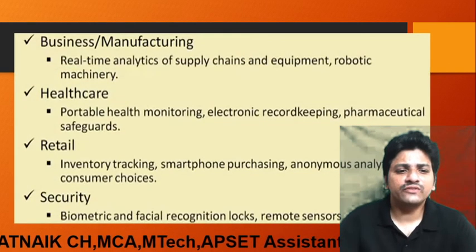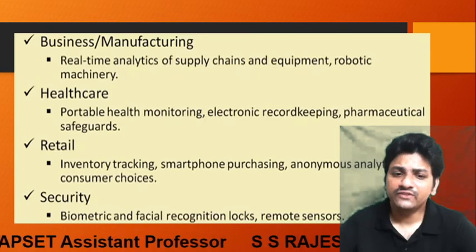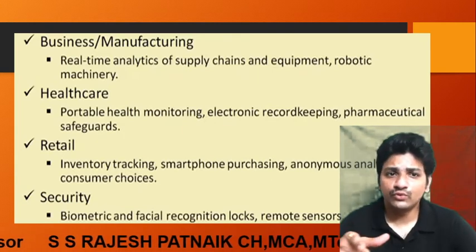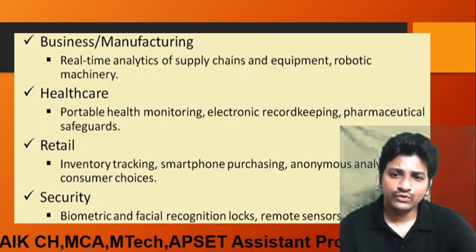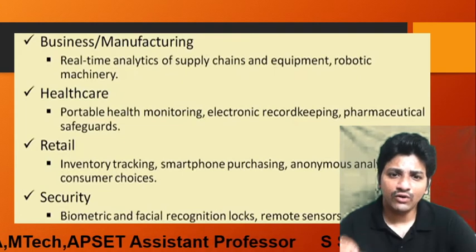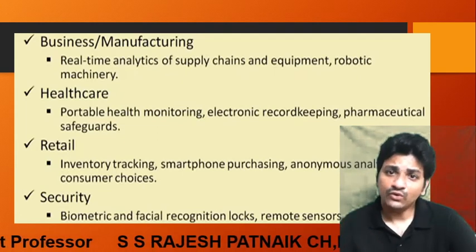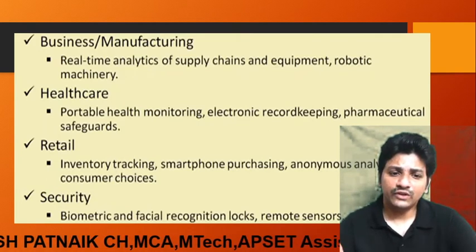In business or manufacturing systems, there is real-time analysis of supply chains, equipment and robotic machinery. I already showed you one picture of a person monitoring all the robots. The robots are equipped with IoT devices, and the robots are manufacturing motherboards.